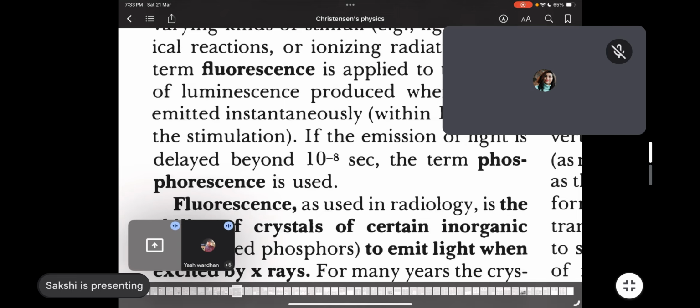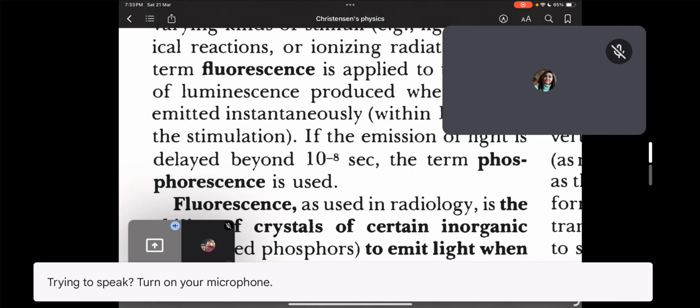That emission may be because of various factors like phosphor materials, chemical reactions. So if it is very instantaneous, that is within 10 power minus 8 seconds, then it will be fluorescence. And if it is delayed, that is more than 10 power minus 8 seconds, then it will be called phosphorescence.